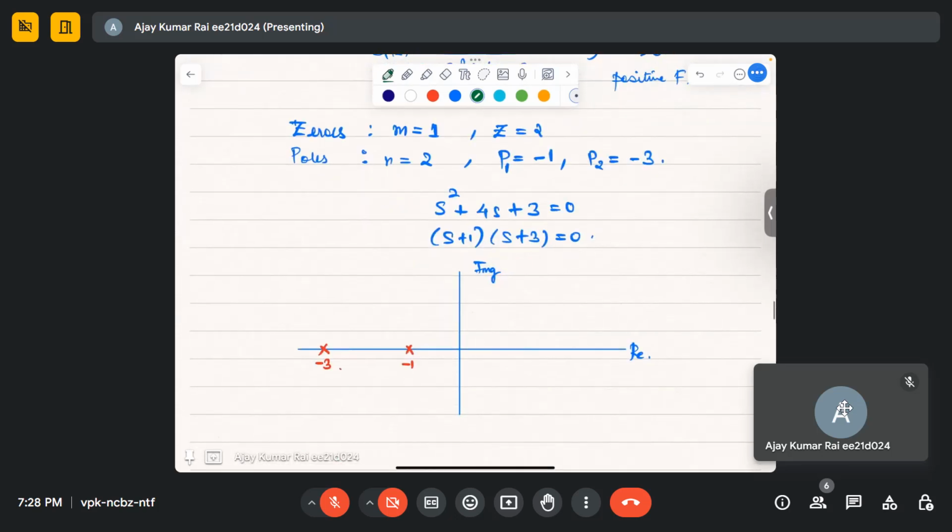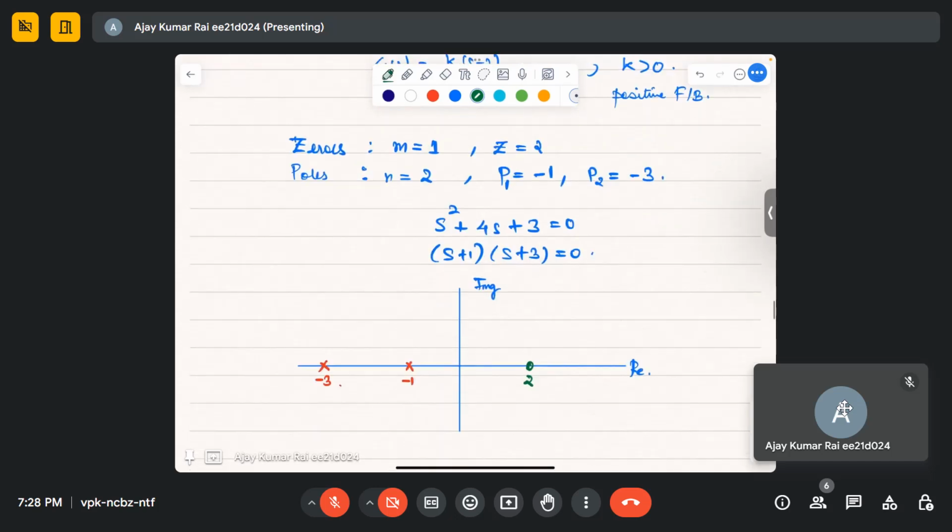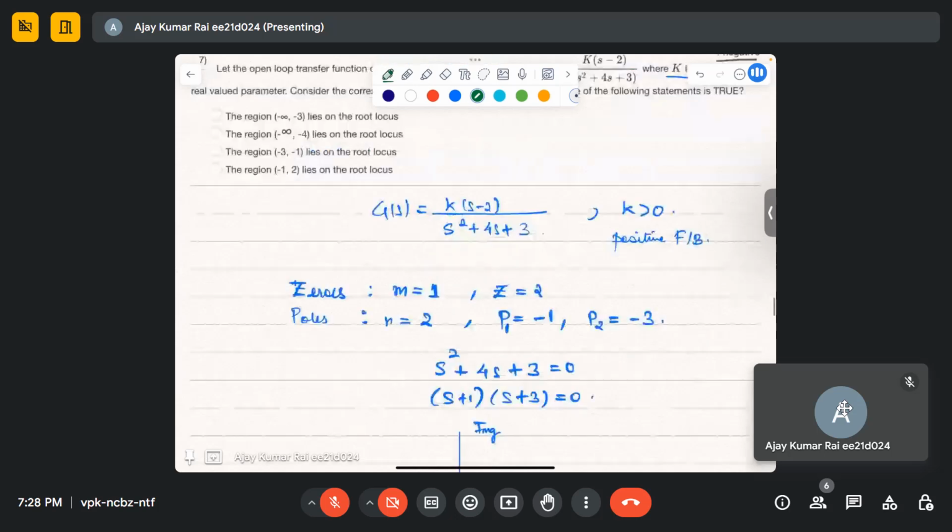So +2 is here. So these are the open loop poles and zeros in the S plane.